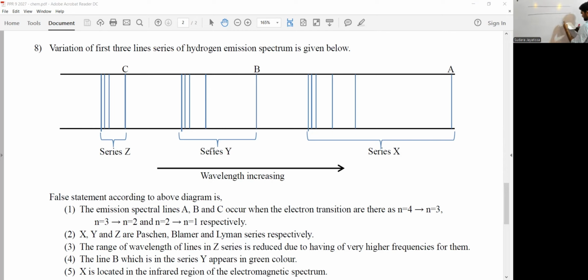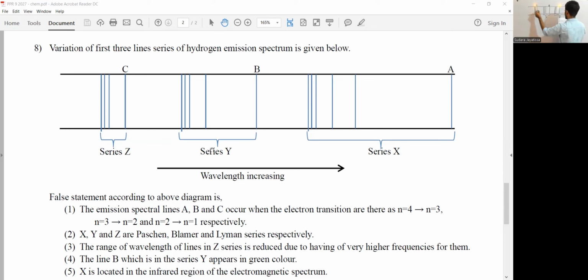So I'm going to copy that emission spectrum onto the board. The series X is having a line called A here. It will have longer gaps. And then you have the B line. This is the series Y. And then you have the C series with shorter lines.